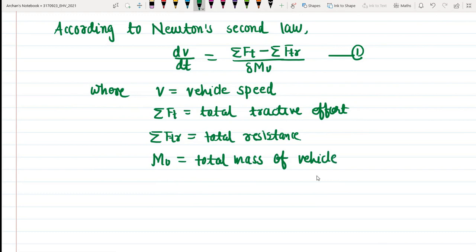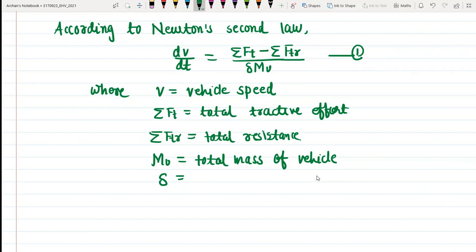There will be two types of mass. One is dead mass and another one is the total mass. Dead mass means the mass of the vehicle only, and total mass means the dead mass, the vehicle weight, plus the weight of the people in the vehicle. So we will consider the total mass, and there is one term delta.